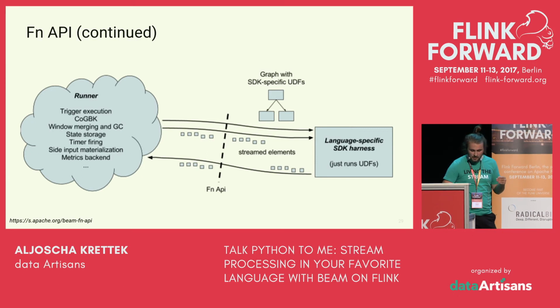So for example, if there's a Python SDK, then this also comes with a harness that can be used for executing user functions, because this is what the runner needs to execute those user functions, and the harness would be started by the runner, and then the harness would communicate via the Fun API with the runner, and they would use the control plane and the data plane to facilitate execution of user functions.